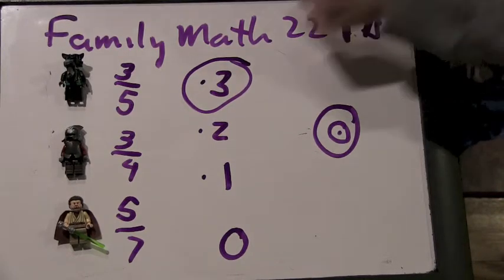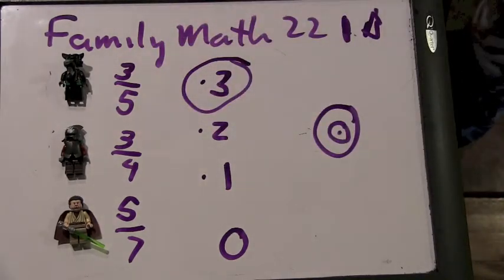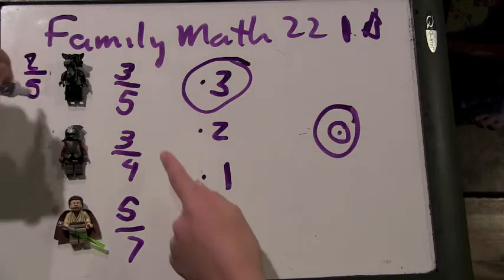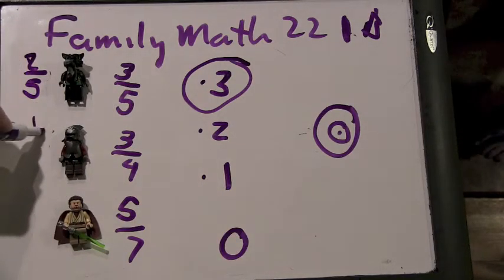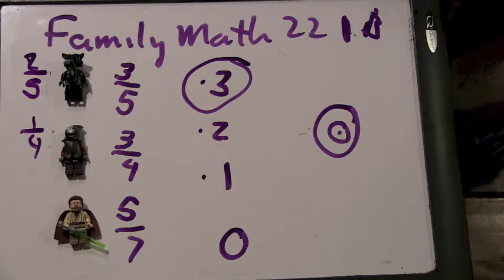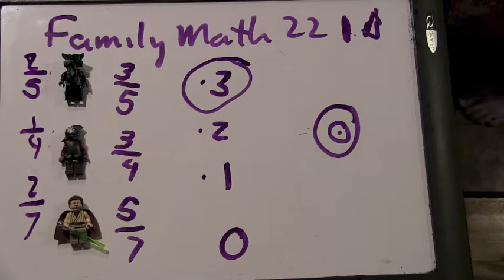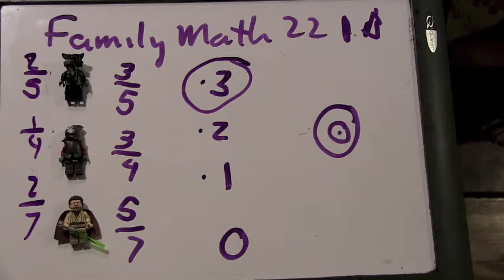How about 0? How would we calculate the probability that nobody hits the target? Well, this guy doesn't hit the target 2/5 of the time. This guy doesn't hit the target 1/4 of the time, and that guy doesn't hit the target 2/7 of the time. So then you can multiply those together. And what do you get when you multiply those together?